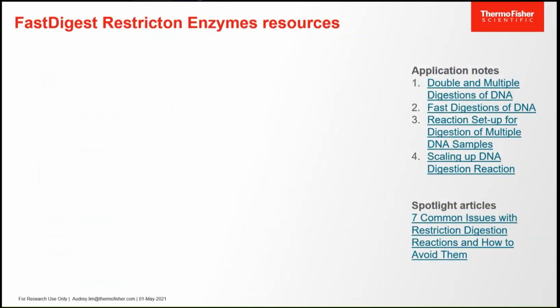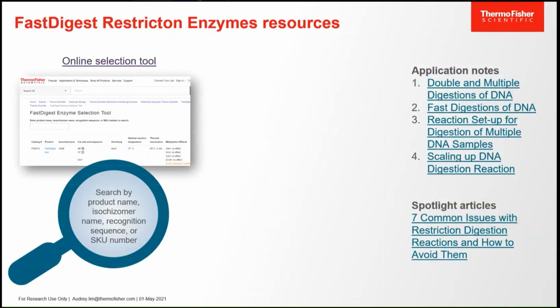Okay, and here are some resources we have for Fast Digest restriction enzymes. We have an online selection tool which allows you to search by product name or isoschizomer name, recognition site, or SKU number.